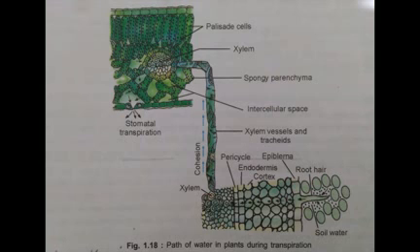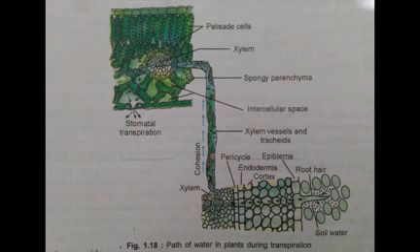Okay. Now this increase in pressure moves the material in the phloem to tissue which has less pressure. Now in this way, phloem is able to move materials according to the plant needs.